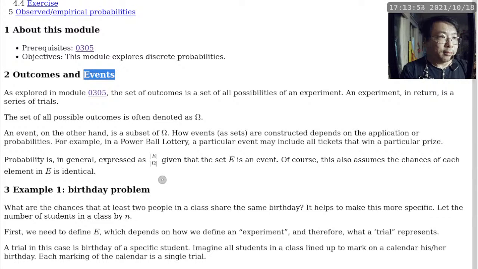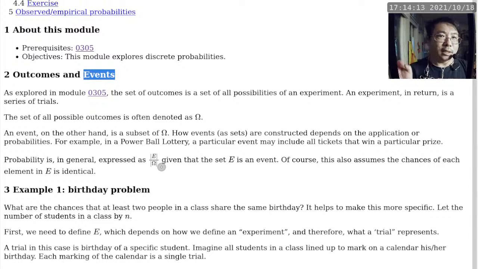Now, the most important point here is that the probability is defined as the cardinality of whatever event set you want to use as the interested outcomes, divided by the cardinality of big omega, which is basically all the possible outcomes.